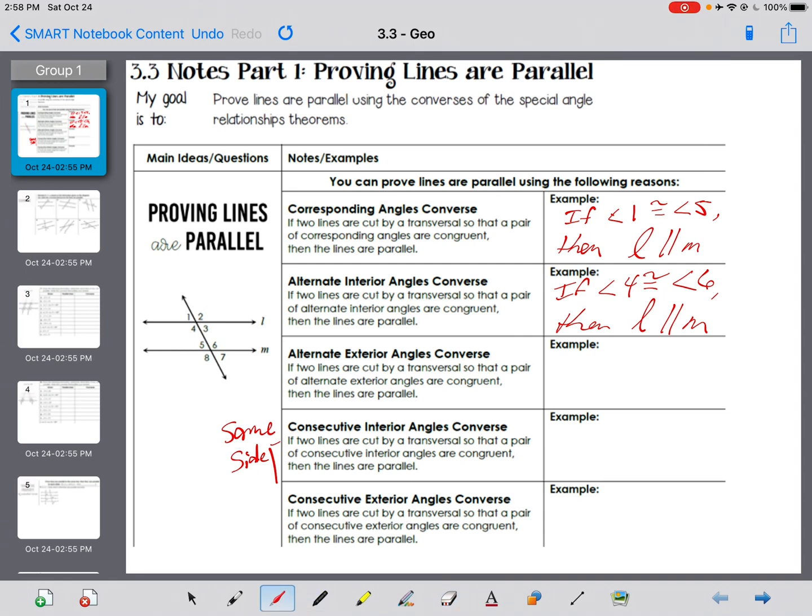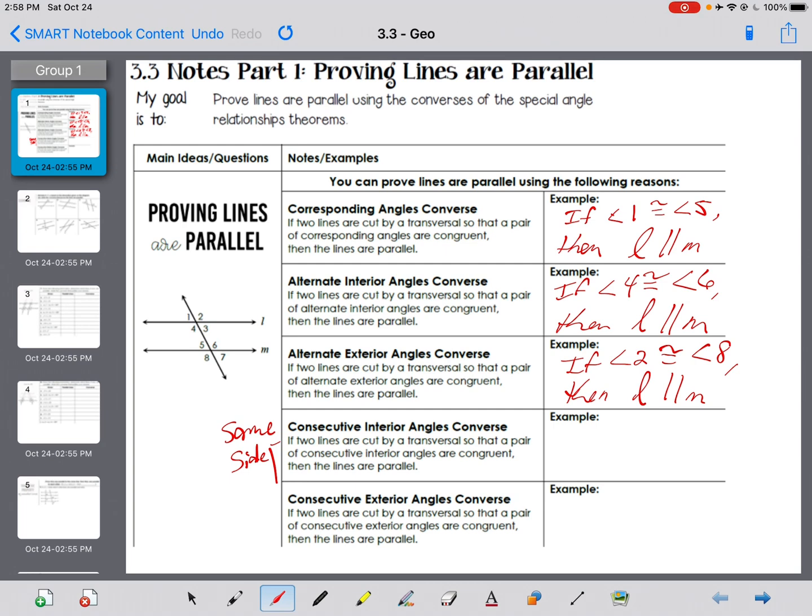If alternate exterior angles are congruent, so if angle 2 is congruent to angle 8, then we know for sure that line L is parallel to line M. If those types of relationships happen, then we know those lines are parallel.